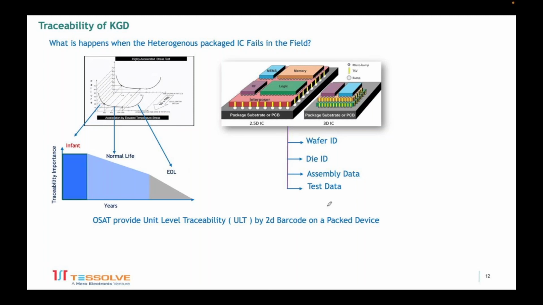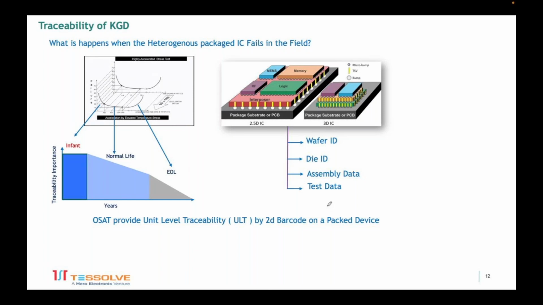So OSATs provide unit level traceability as a 2D barcode which could be printed on a device. In our case, if it is a chiplet, maybe they can put a barcode on the back of the die. But once it is packaged into a bigger package, that may not be readily available.